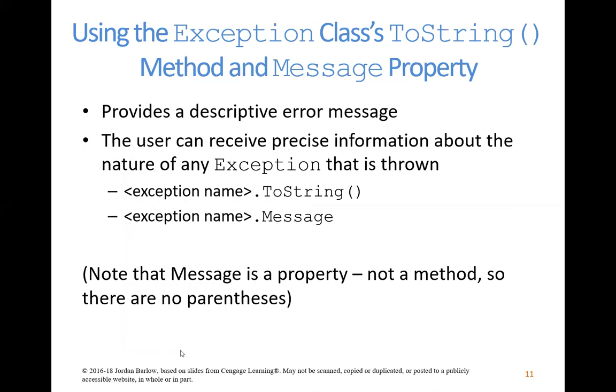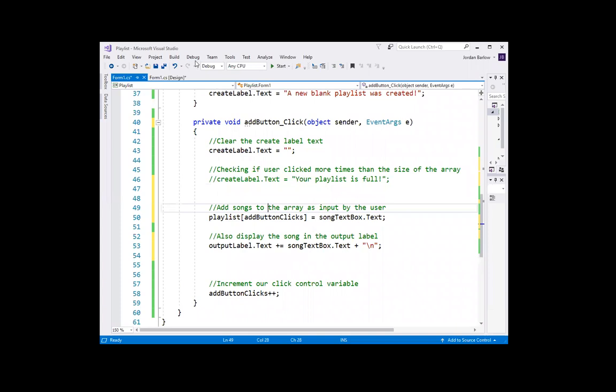So let me go back to my code. And let's actually run this again without the exception handling. This is what I often do when I'm trying to code my try-catch statements: I test my application knowing that it's going to create an error, and I purposely make the application throw an exception.